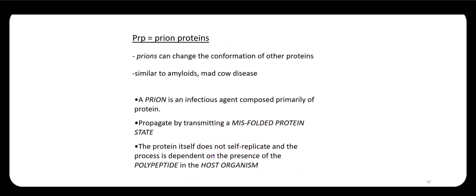Another misformed protein can result in a prion, very similar to an amyloid. This one's probably not going to affect you much, but it's kind of interesting. It's thought to be the cause of mad cow disease. It forms this prion, which is an infectious agent made up primarily of protein, a misformed, misfolded protein, and that's the molecule thought to transmit mad cow disease by entering the host organism.